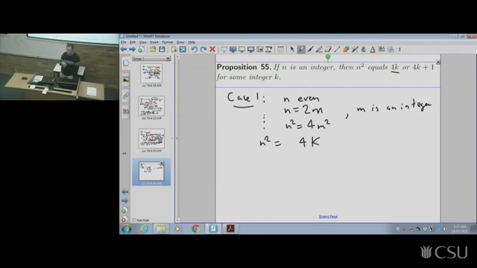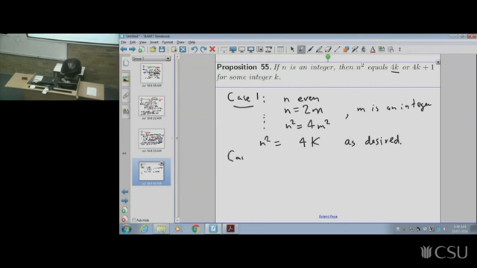So we proved it for case 1, as desired. Let's make it clear what we're trying to go for. We started with case 1, started with the premise, did a bunch of steps to get at least part of that conclusion: n squared equals 4k, where k is an integer. That's part of our conclusion.